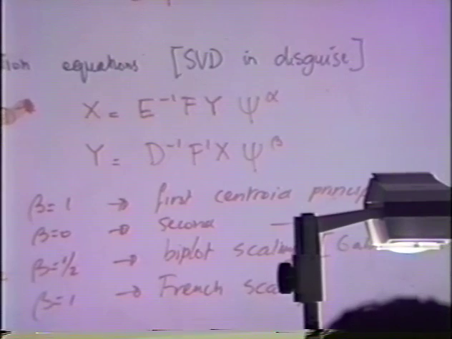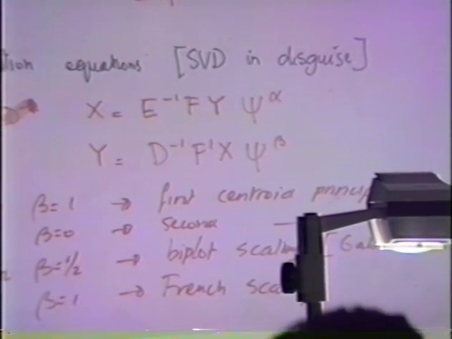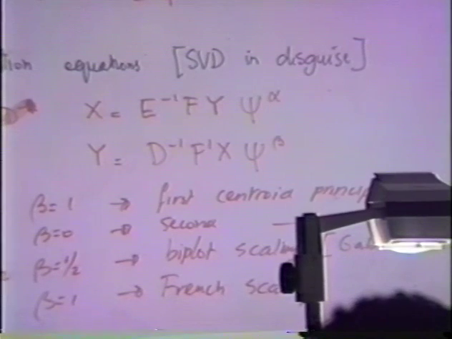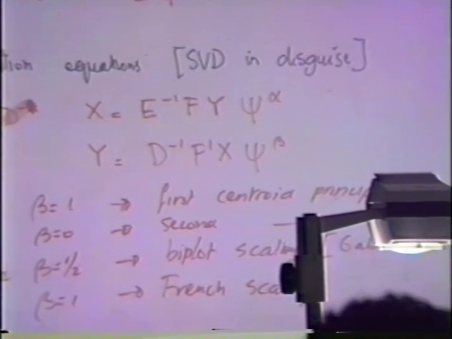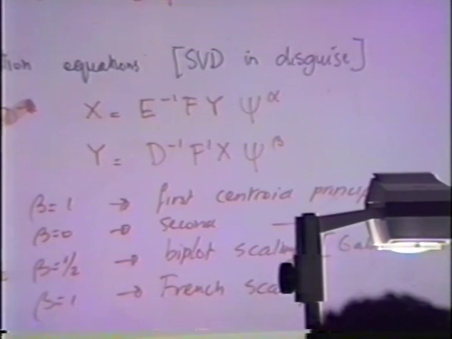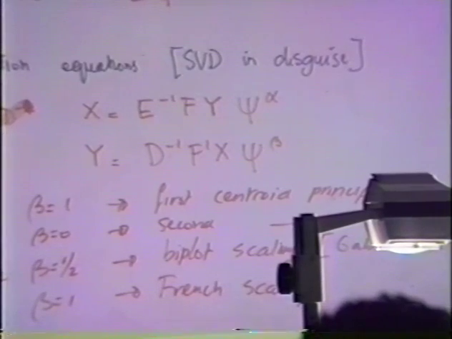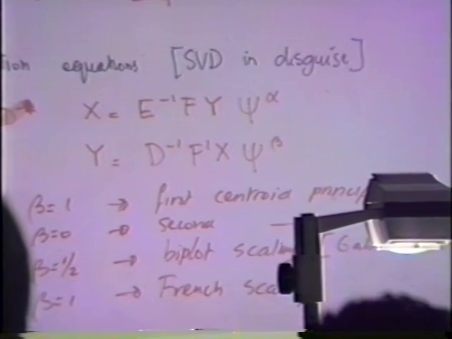Now that means that the x's are weighted averages of the y's, but the y's are not weighted averages of the x's. Again, this is what we also talked about yesterday in connection with multiple correspondence analysis: you cannot have both centroid principles unless the singular values are all equal to 1, but that of course is highly unlikely.